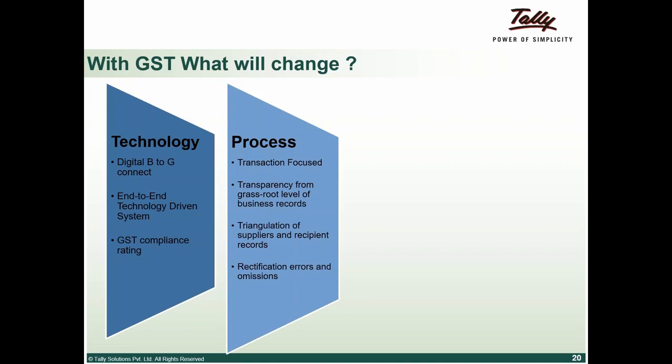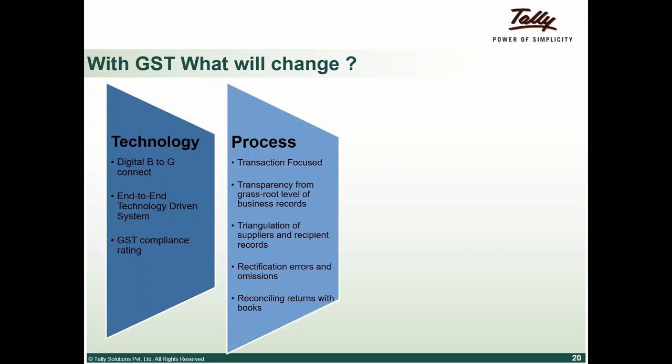Then the rectification of errors and omissions has to be taken care of within the prescribed time. Otherwise, if the discrepancies are not sorted out within the prescribed time, and you have claimed input tax credit, you will have to repay that input tax credit along with interest. That's what the law specifies. Then the other aspect is reconciling of returns with your books of account, which is very important.